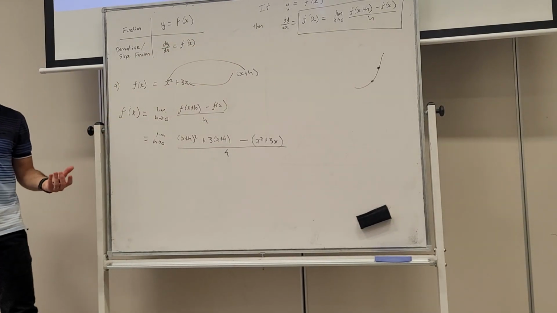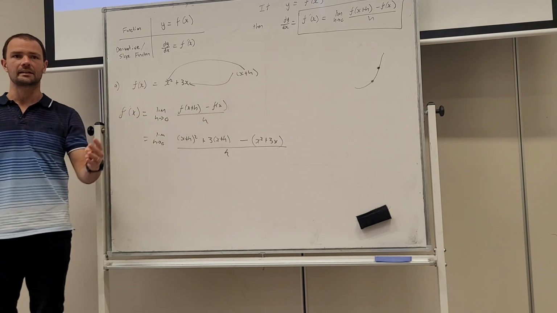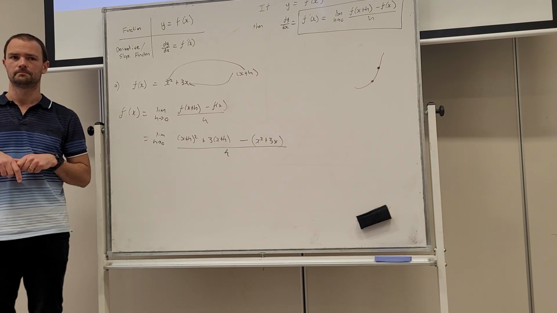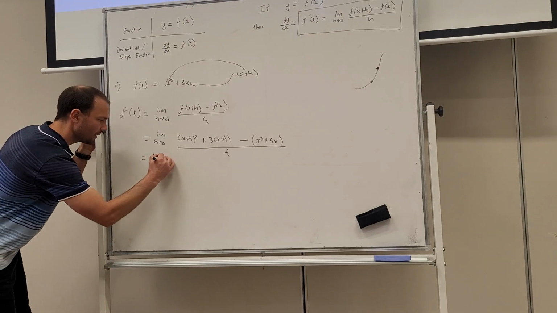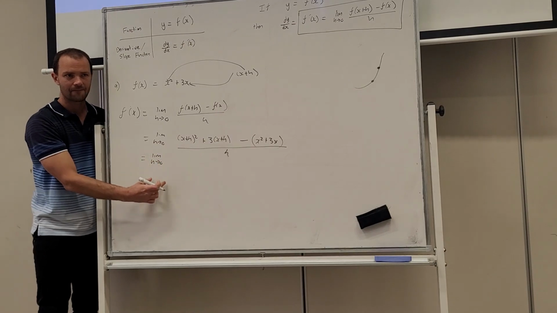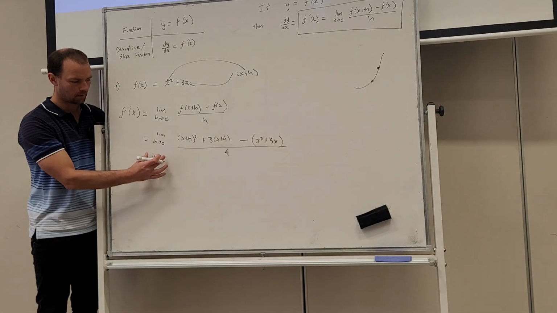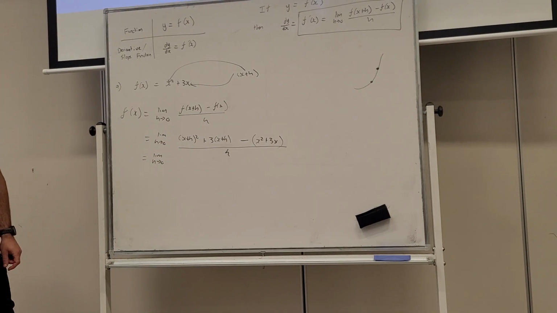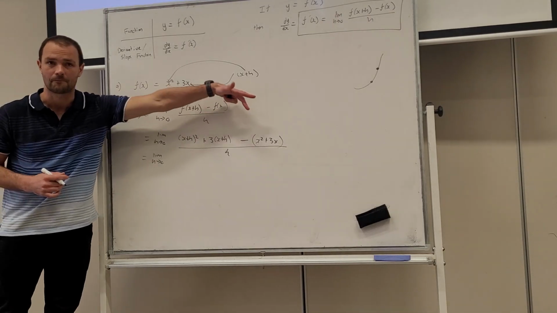All we've done is plug this function into the formula. Once it's in the formula, all right, it's just a matter of expanding, collecting like terms, cancelling h, and applying the limit, okay? Now, whenever we have a limit occurring, we must state it in every step until we apply the limit. So this is going to belong to everything until we apply it. So in the next step, what I'm going to do is expand everything here.